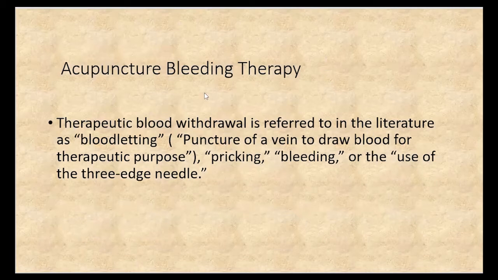So that's the bleeding technique we use. We try to let blood come out. That kind of blood generally comes from the vein. We bleed it and blood comes out, but it's not a truly big amount of blood.